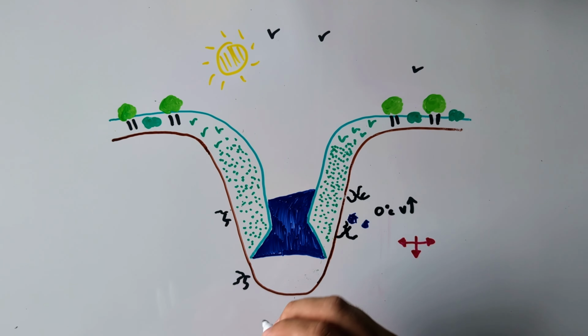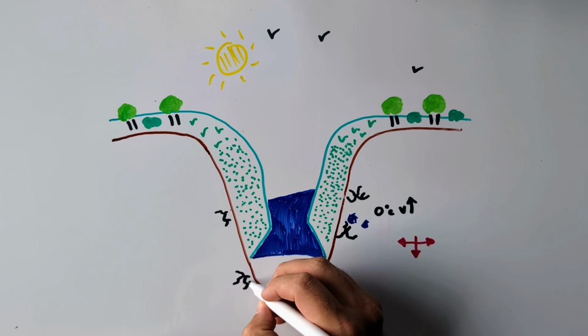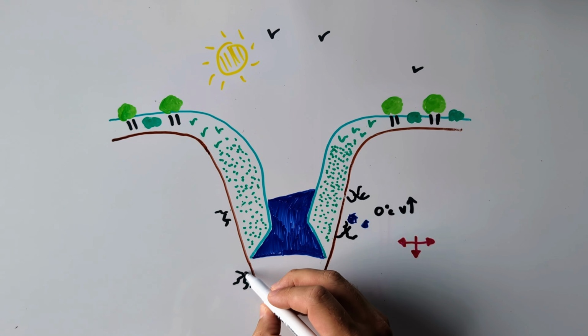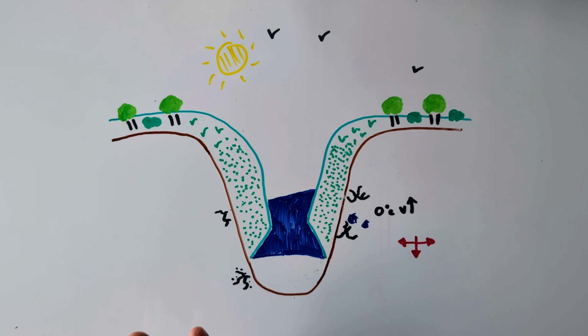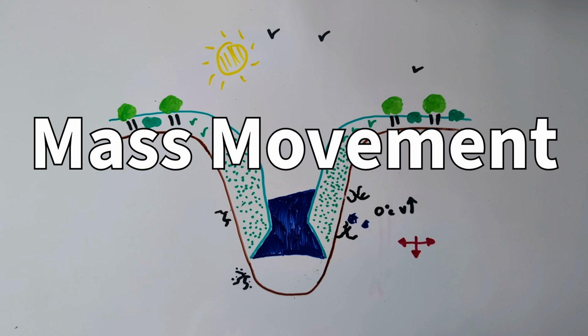Slightly different in the case of hydraulic action, where tiny pockets of air are going to be slammed into those cracks, and those cracks are going to be forced open by the river. But either way, the outcome is the same. What we see is that there is mass movement.